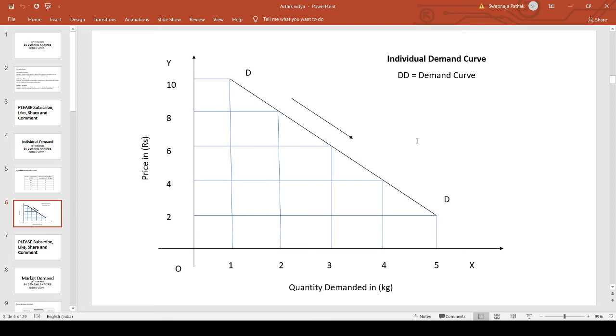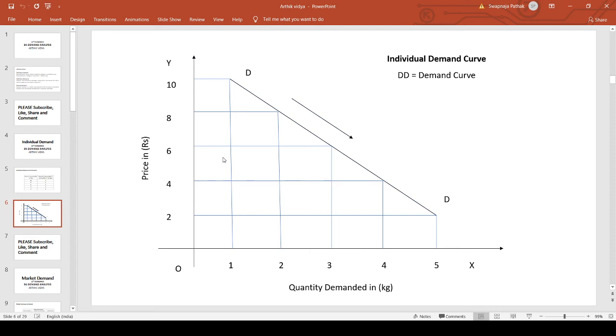The figure represents an individual demand curve, which is based on our above table or above schedule.